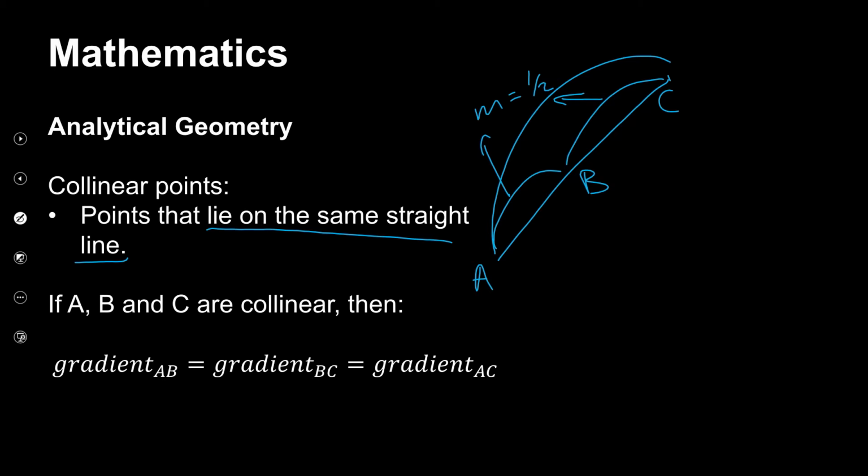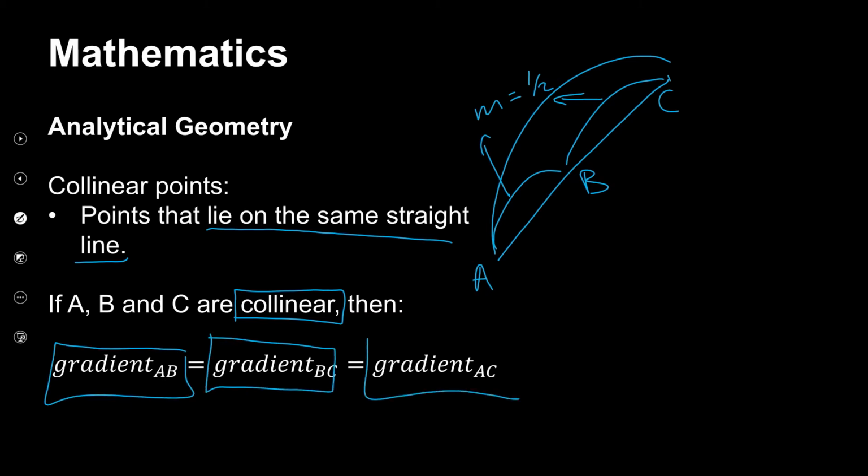So in simple terms, if points are said to be collinear, we can prove that by showing the concept of gradients, that they have the same gradient throughout that line. So the gradient of AB must be the same as the gradient of BC, which must be the same as the gradient of AC. Not that you must have all three equations, right?